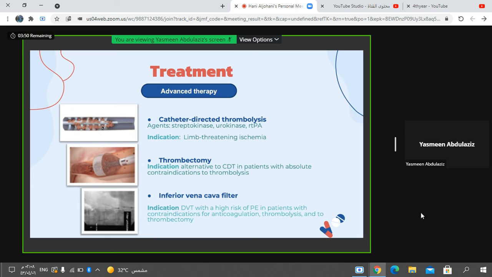It's indicated in limb-threatening ischemia or acute cases. However, it has several contraindications. For example, patients who have a high risk of bleeding, so thrombolysis is contraindicated for them.